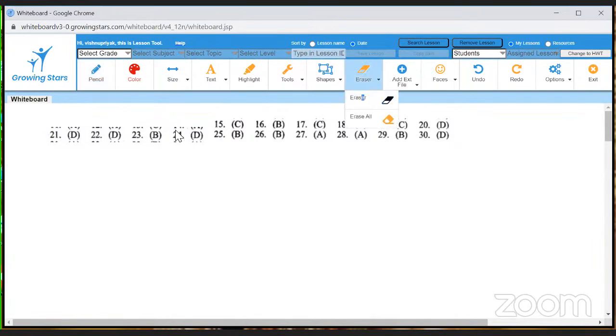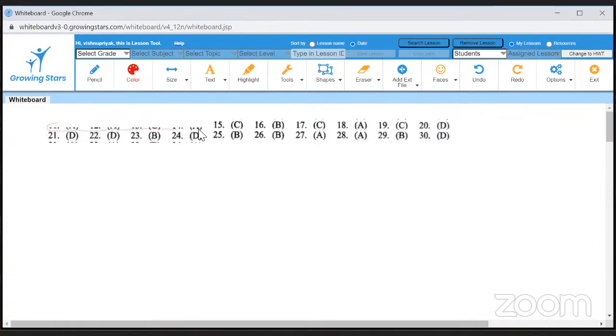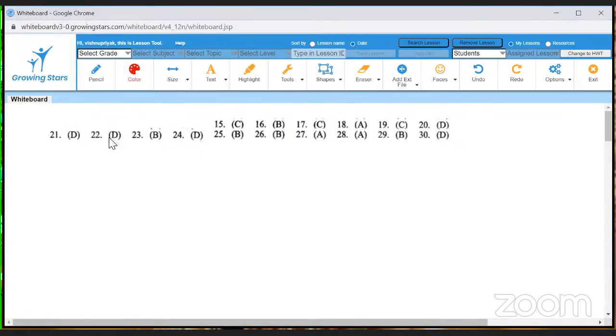These are the homework problems I gave you from question number 15 to 30, and these are the answers I have posted on the board. Whichever answer you did not get or got wrong, you can ask me. I will do it on the board. You can type the question numbers in the chat.